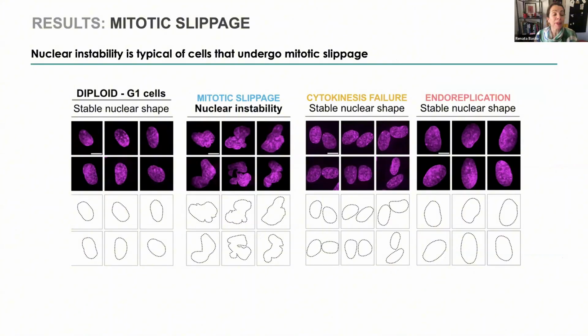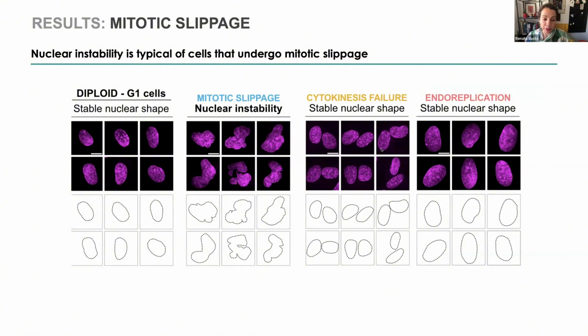The choice of using instability, and so from one to many in the title, comes from the fact that there is almost not a single nucleus that will resemble another one upon mitotic slippage. So here on the left you have diploid cells, and with the dashed lines the nuclear shapes, and they are quite comparable.